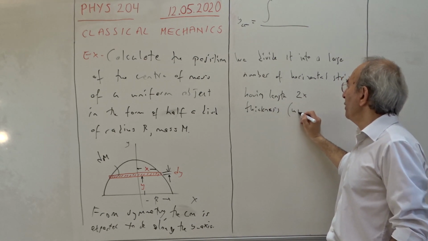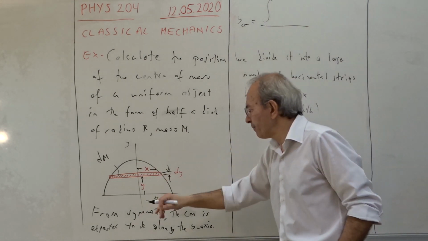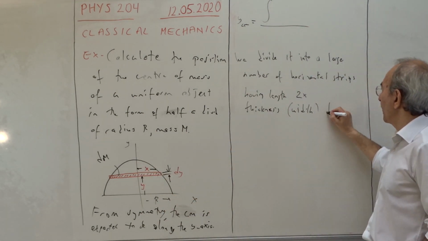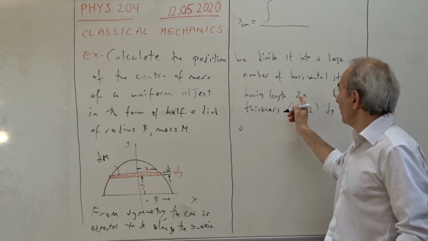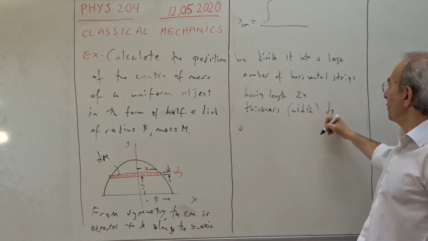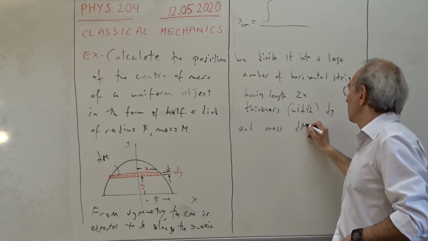Thickness means width here, width and thickness mean the same. So, having length 2x, thickness dy and mass dm.